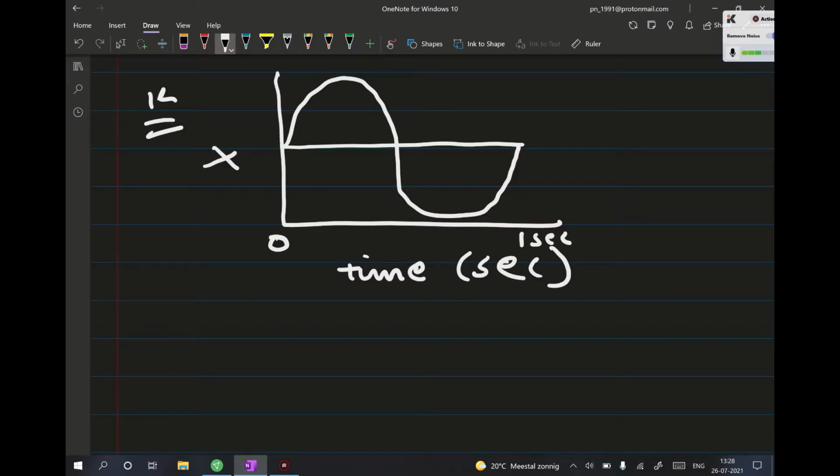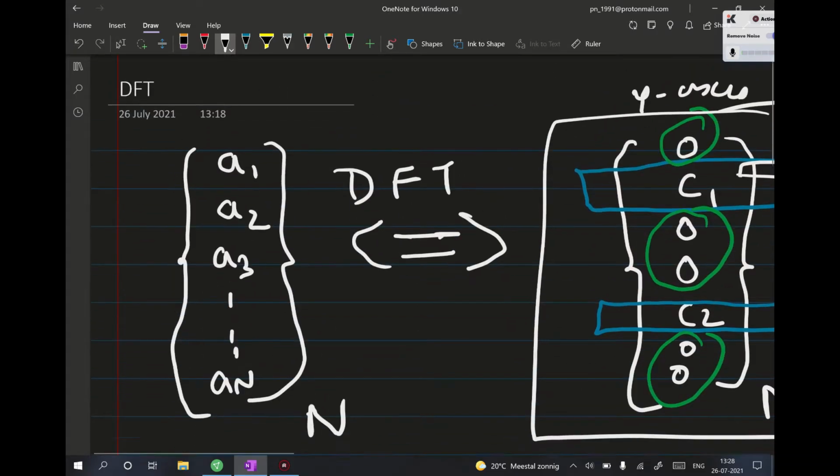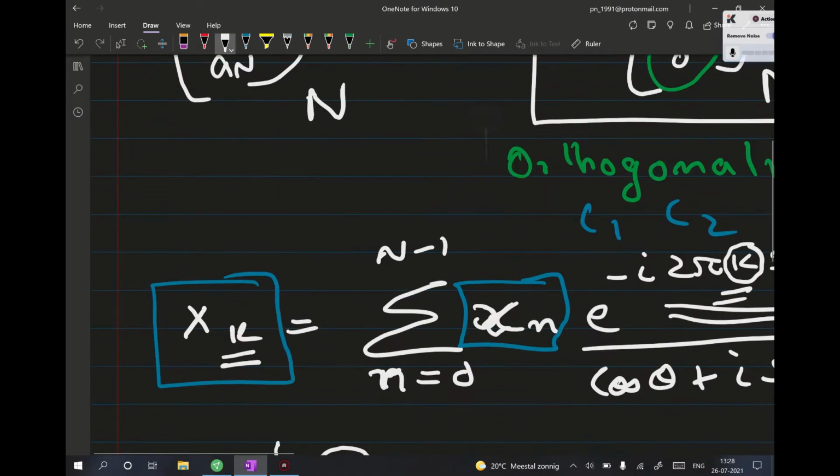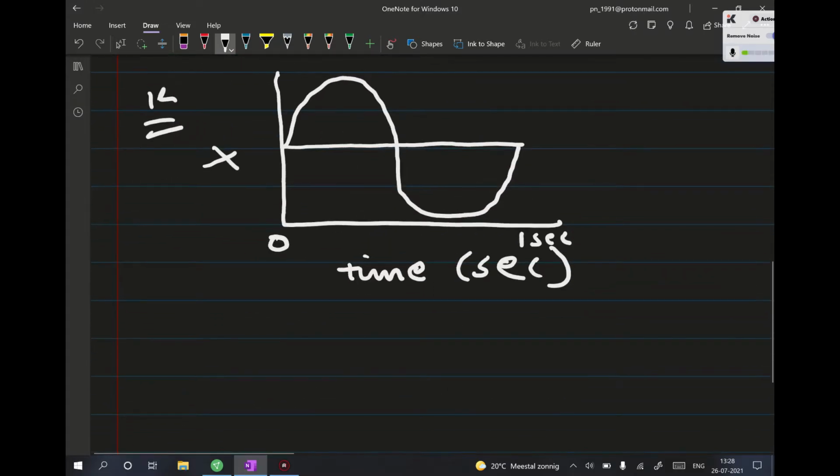And since we are providing discrete data at some particular interval, let's take that interval of 0.01 second. So what I mean is I have discrete data like this, and the interval of this data is nothing but 0.01 second.